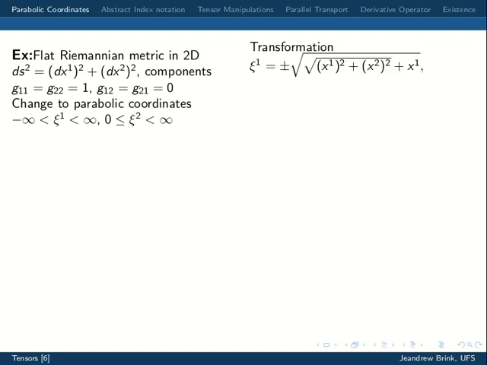The transformation, if we write it out, is not pretty. xc1 equals the square root of x1 squared plus x2 squared plus x1, and xc2 equals the square root of x1 squared plus x2 squared minus x1.